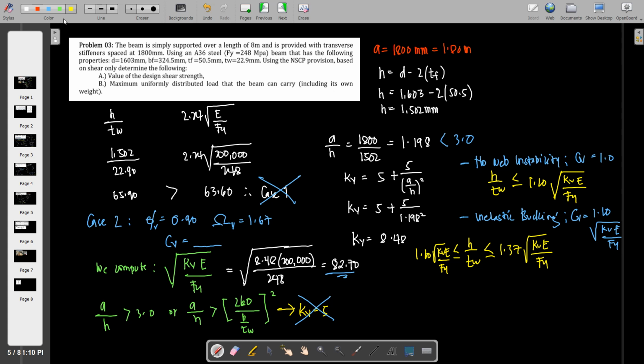Okay. So, lastly, kung ito naman, meron tayong elastic web buckling.